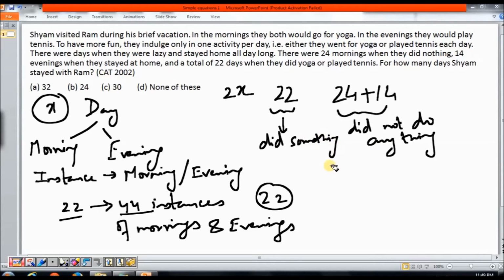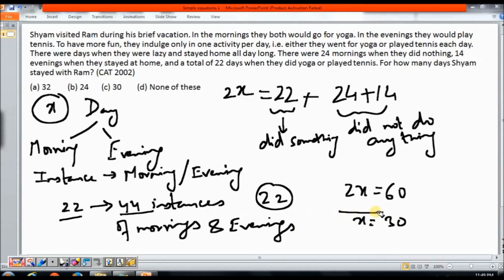The sum of these should give me the total number of instances. So it's very simple: 2x comes out to be nothing but 22 plus 24, which is 46, and 46 plus 14 is 60. So we get 60, or x equals 30.